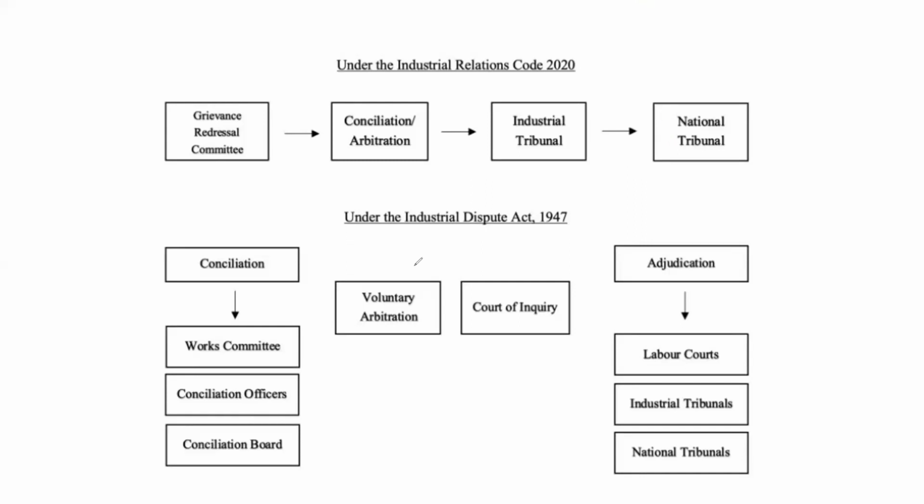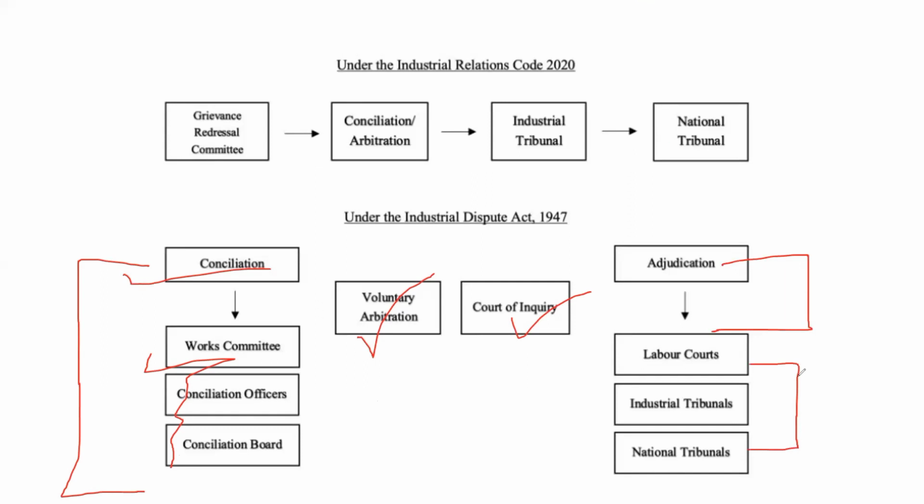What was before? We could have the conciliation, works committee, conciliation officer, conciliation board as per the labor commissioner office. Then voluntary arbitration and court of inquiry, and then adjudication, that is labor court, industrial tribunal and all. That was before. After this application of the code, as of now it is not applicable, but still every company will have a committee. Then we have conciliation, arbitration and directly industrial tribunal and national tribunal.